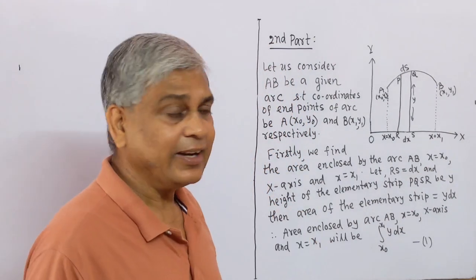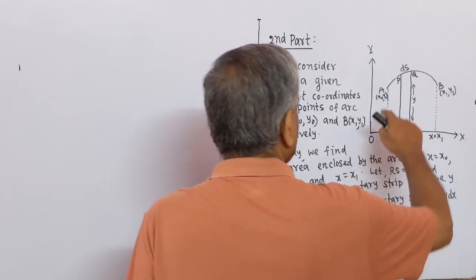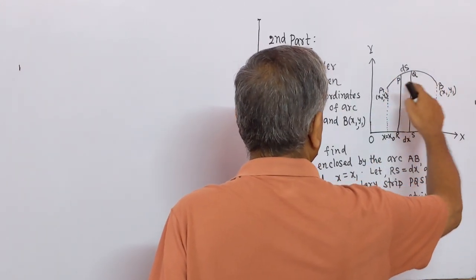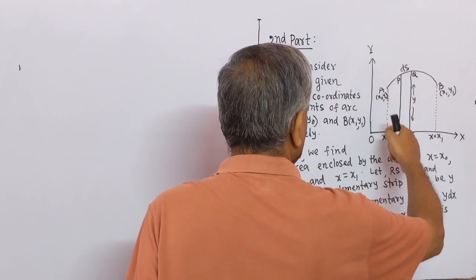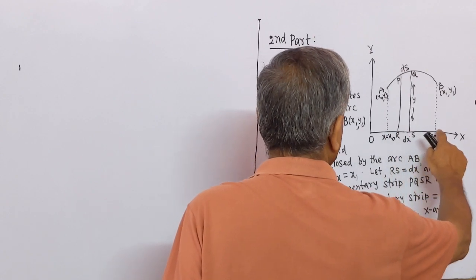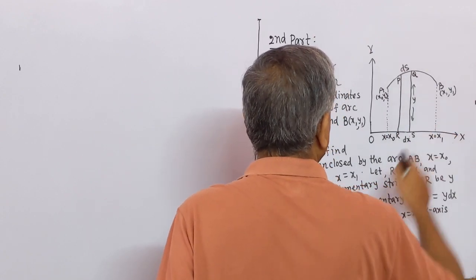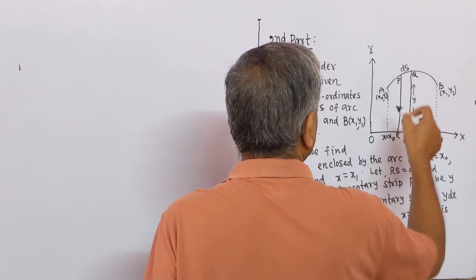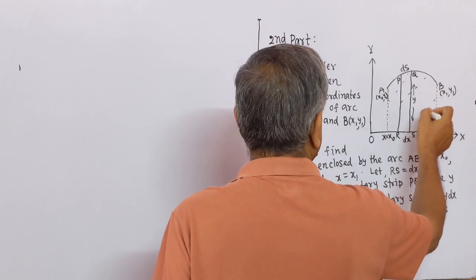Firstly, we find the area enclosed by this curve, x equal to x0, this vertical line, this x-axis, and vertical line x equal to x1. So we have to find area of this portion.